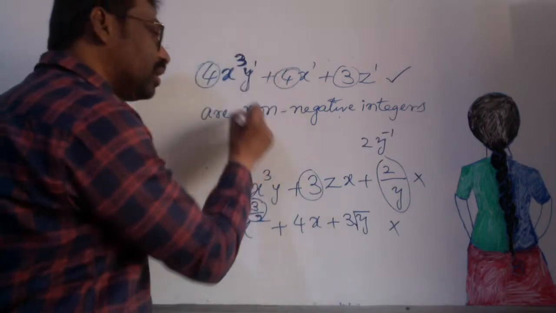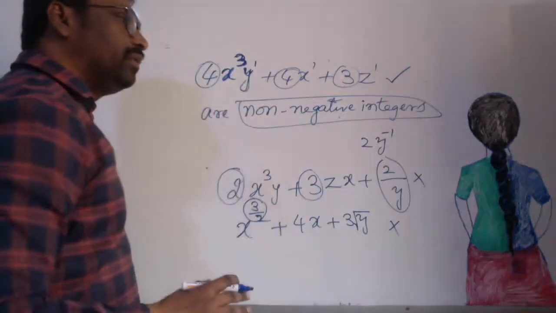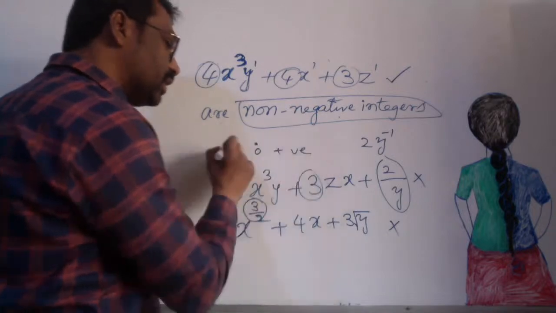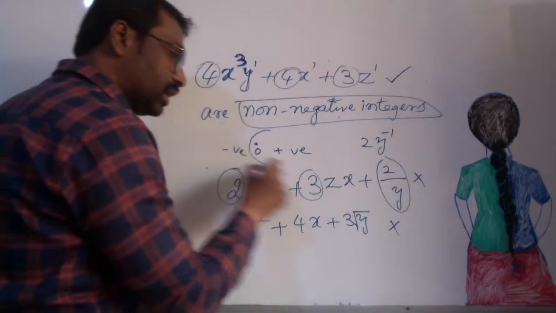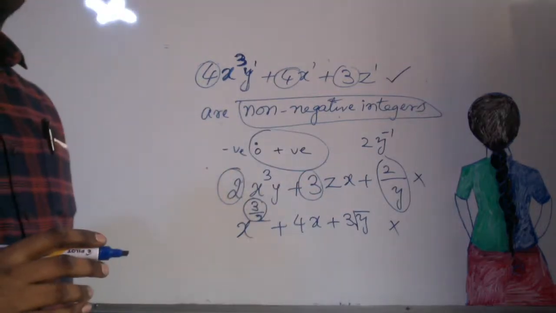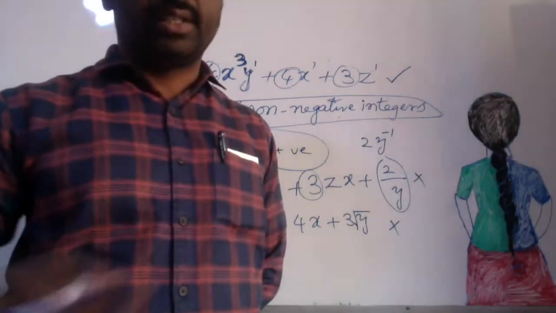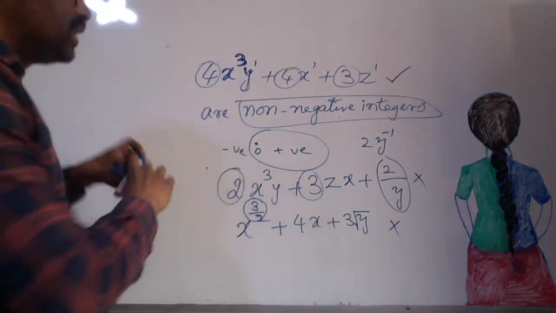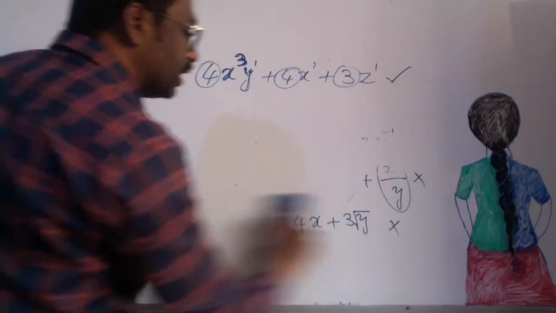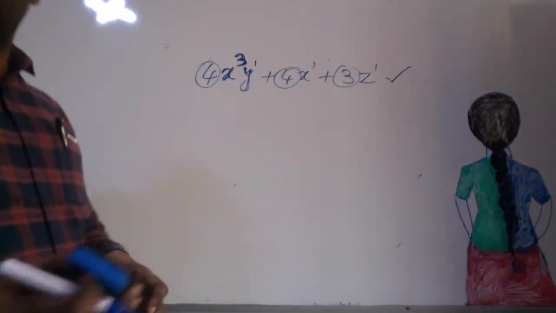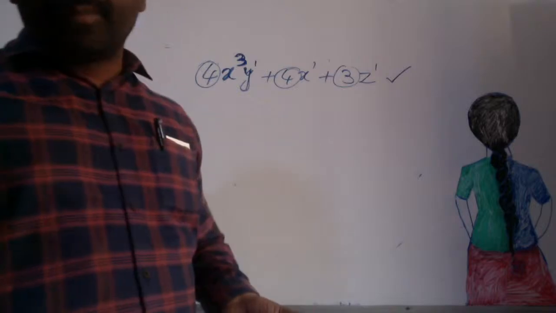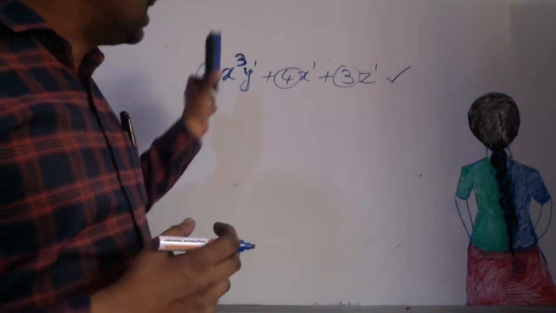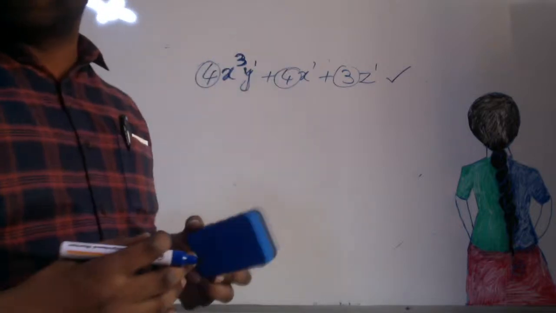But the power should be a non-negative integer, meaning either 0 or a positive value. An integer doesn't have fractions or decimals. So an algebraic expression is said to be a polynomial if the coefficients of the variables are real numbers and the powers are non-negative integers.